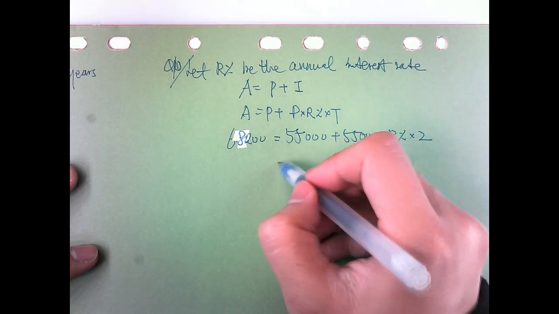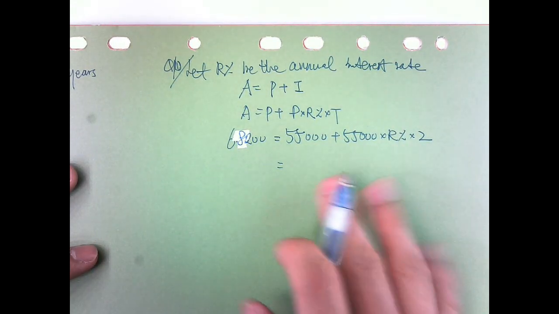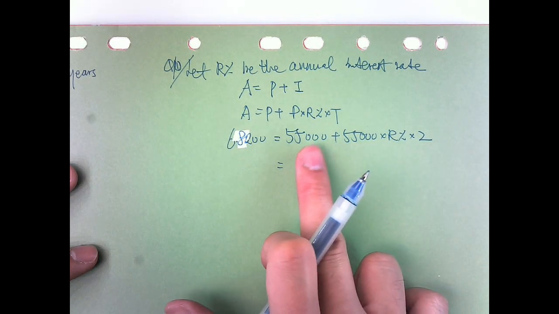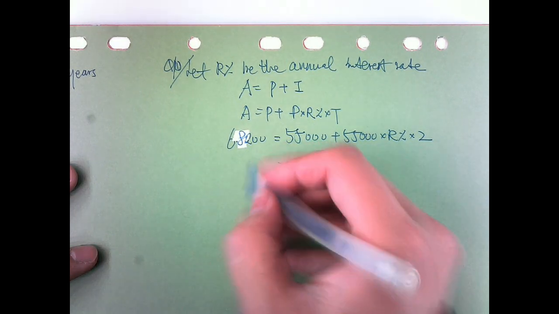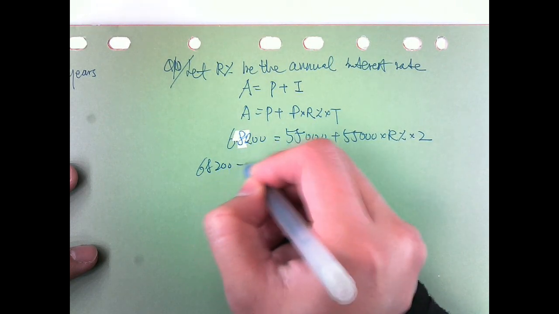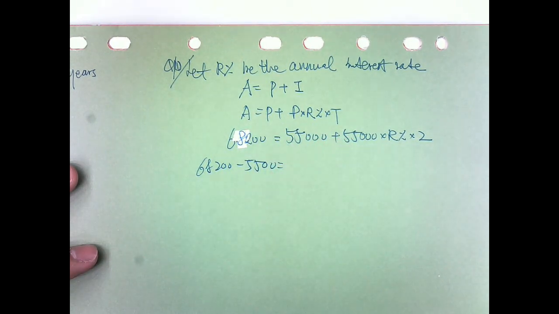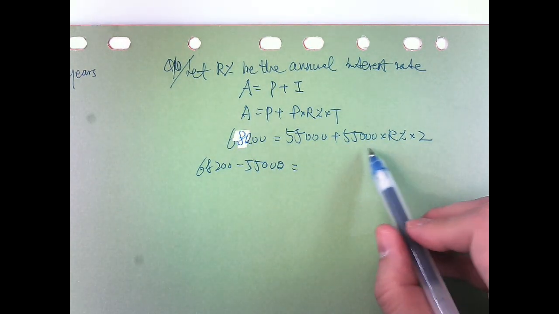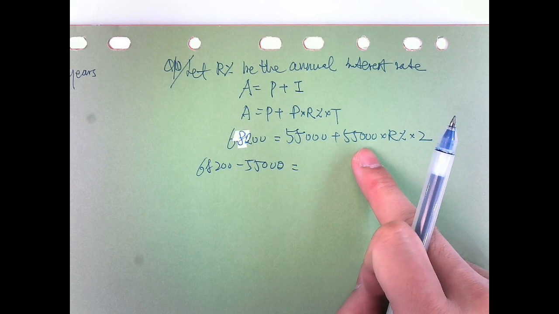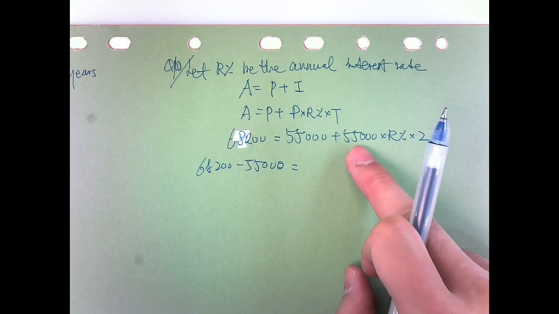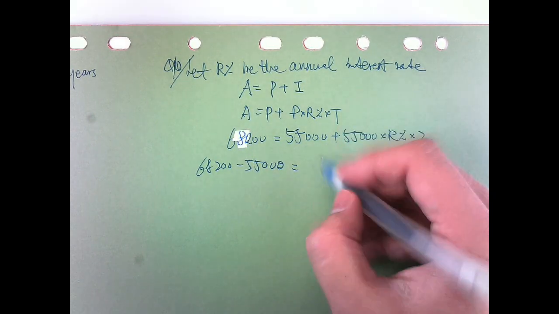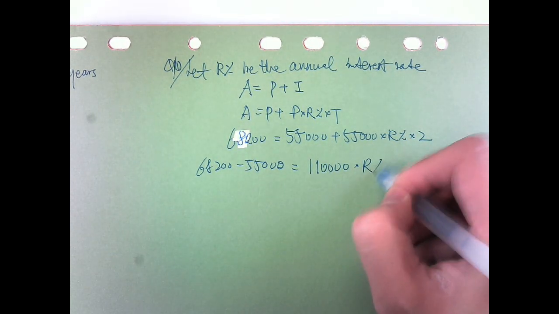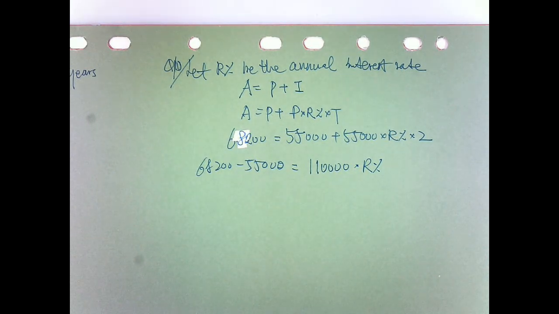So next, calculate. Because these two terms cannot be put together, you minus both sides by this. Understand? Okay. And then here you can do a little bit. This number times 2, you can do it at the same time. R%.